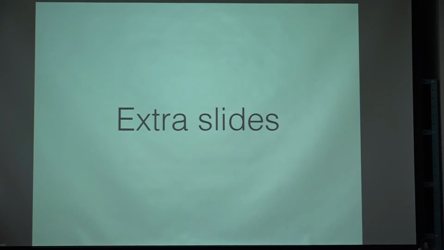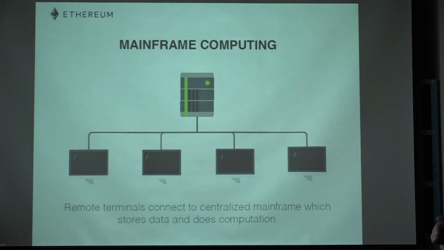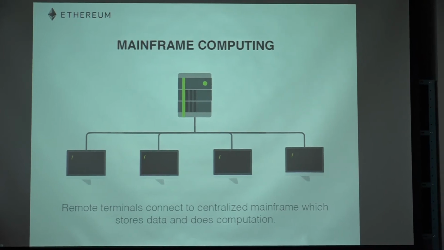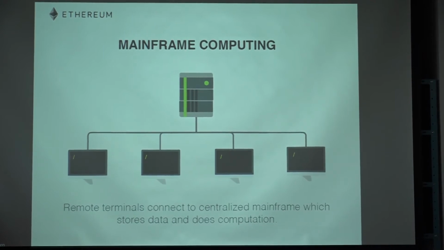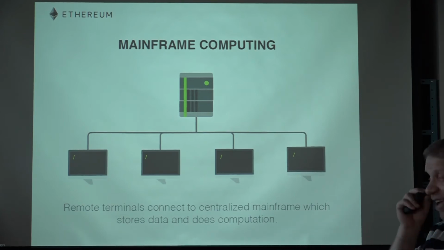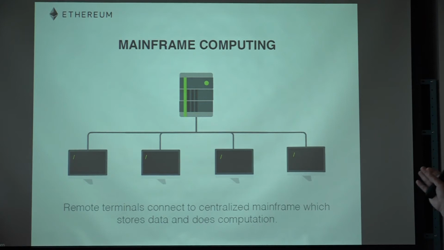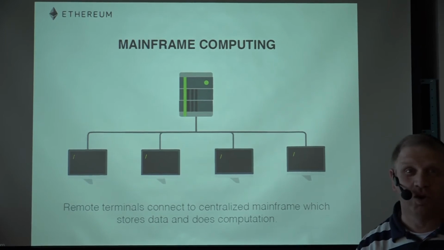Okay, so in the old days, around 50, 60 years ago, the philosophy, the structure, the infrastructure in the world of computers was like this: you have a mainframe, and you have remote terminals, stupid terminals, that were connected to this main server that did all the work.